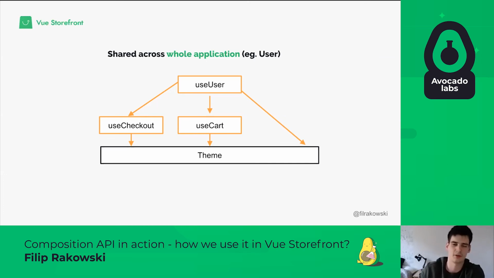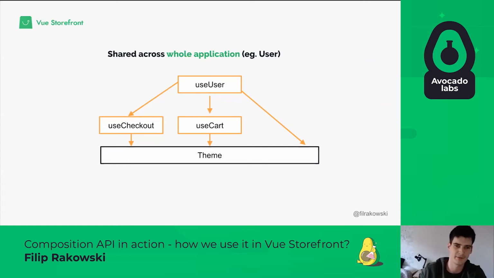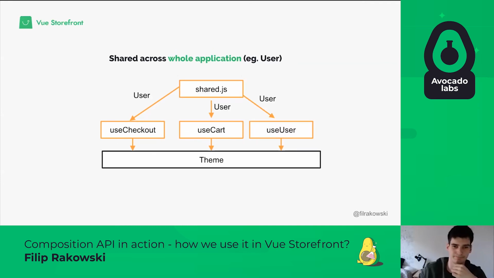And another way that we are experimenting with right now is to also have a shared hidden state as a file, and this could potentially be more performance friendly, because in this example, whenever we are using cart, we need to download the whole user composable or compositional function. I'm not sure if anyone is using the name composable. And in that case, we only need to download this shared.js, which is not containing any user logic at all.